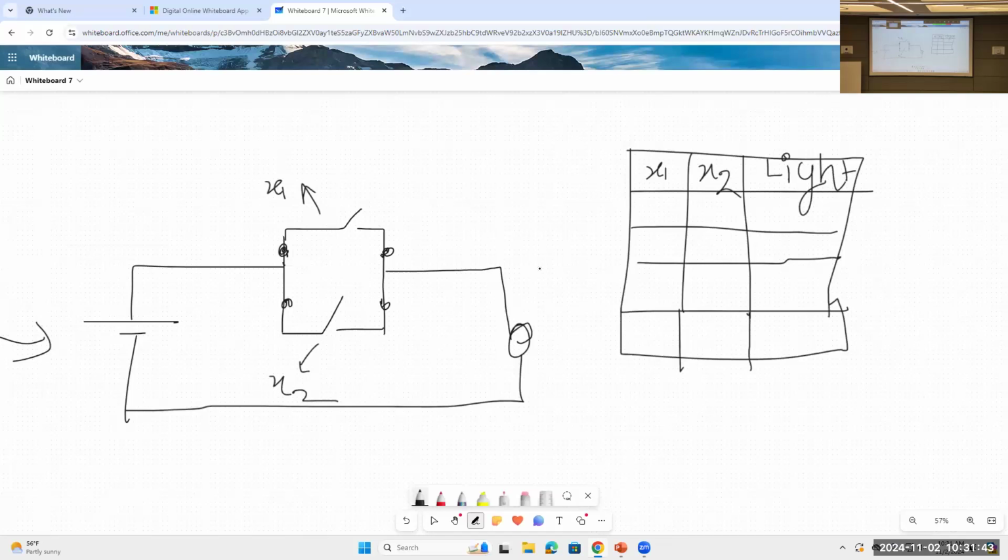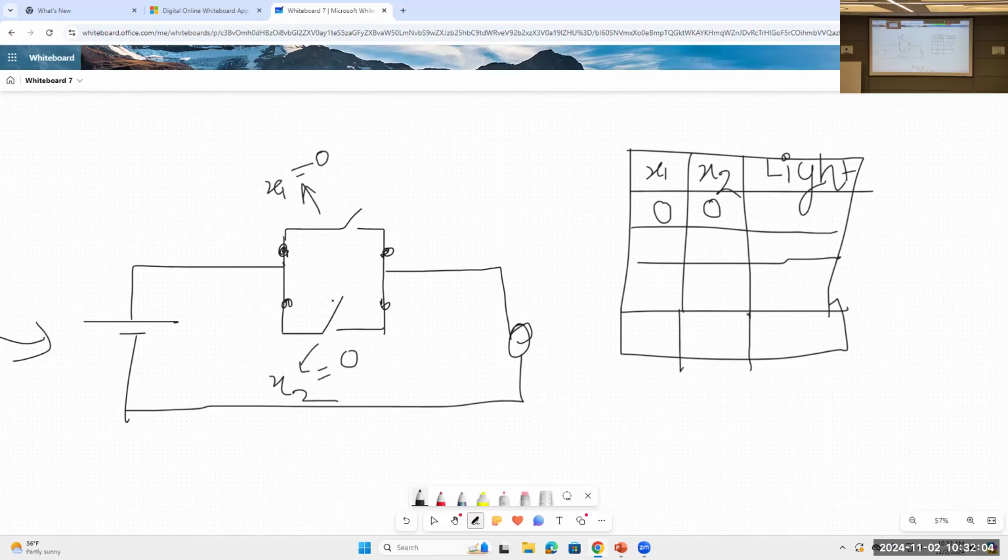Okay. So let's start with the first combination, when x1 is 0 and x2 is also 0. I have already drawn the circuit in this configuration where x1 is equal to 0 and x2 is equal to 0. Let me remind you that x1 is 0 and x2 is 0 means not connected.